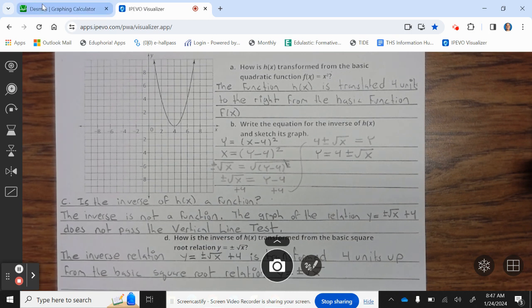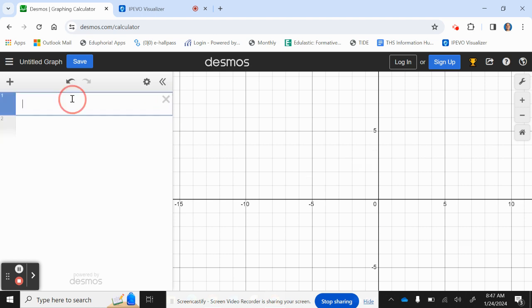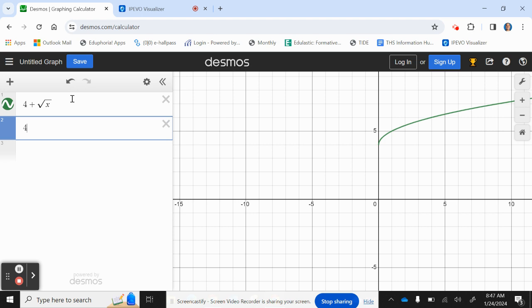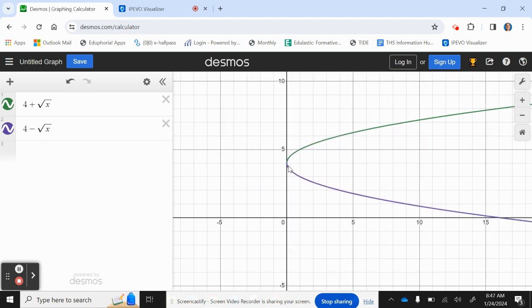All right, let's go ahead and graph that. So 4 plus the square root of x and 4 minus the square root of x. Let's see, 1, 5 is a good point.